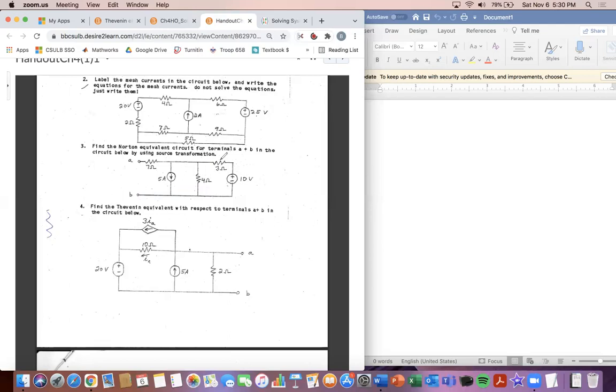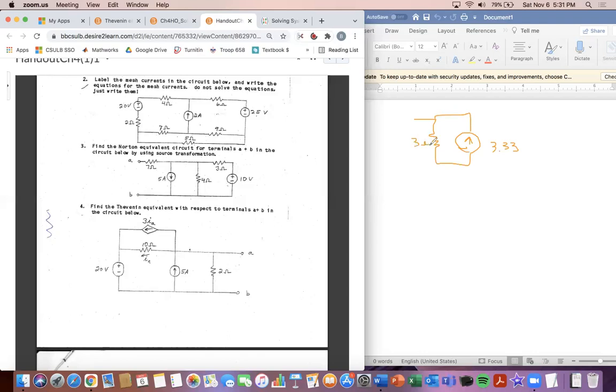I get 3.33. And so I can redraw this section here as this 3 ohm resistor in parallel, and then we have this current source. That's 3.33. And you'll notice the direction is the exact same, the current coming out of the positive terminal. And so that's why I drew it in that direction. And then this resistor is 3 ohms, because it's in parallel.